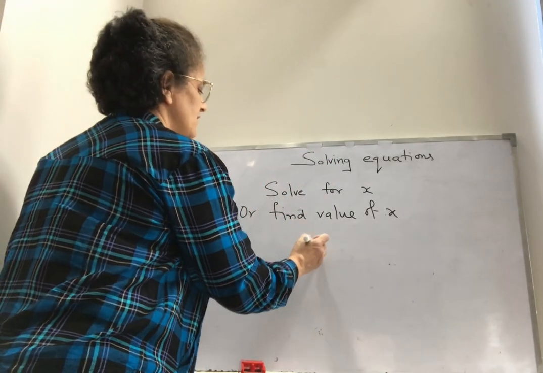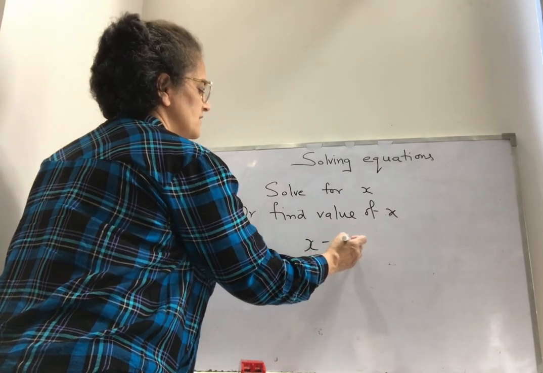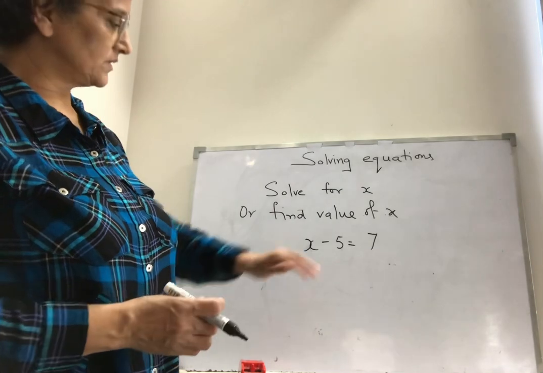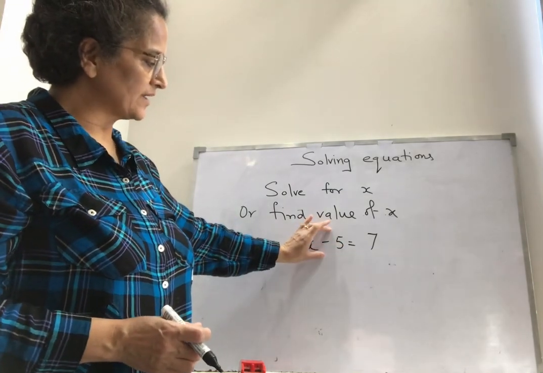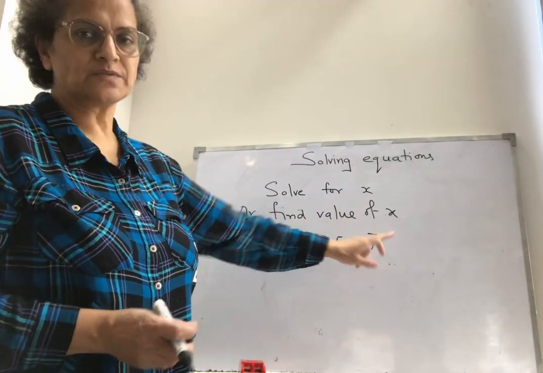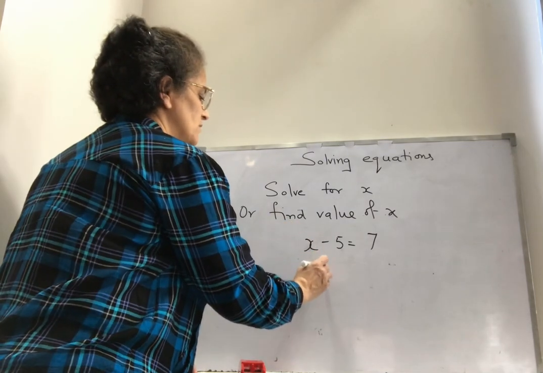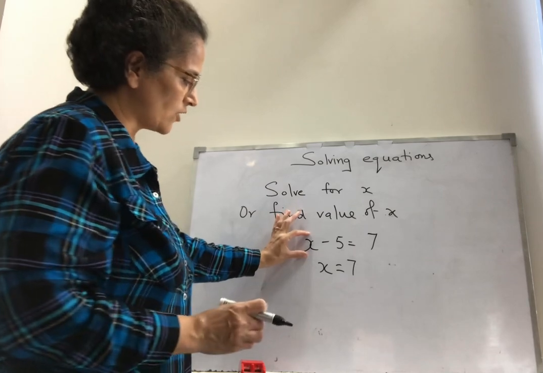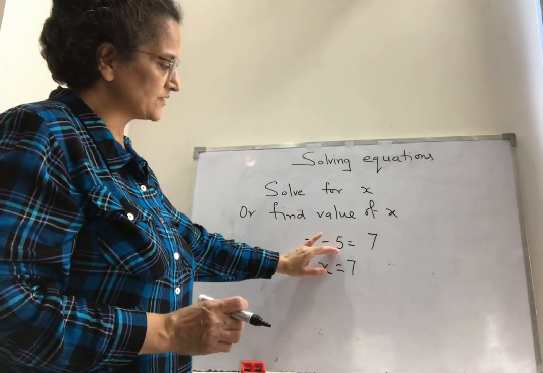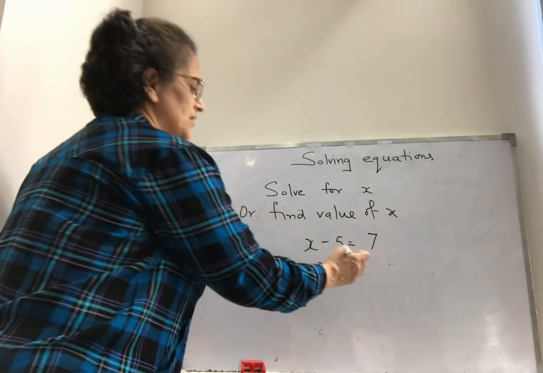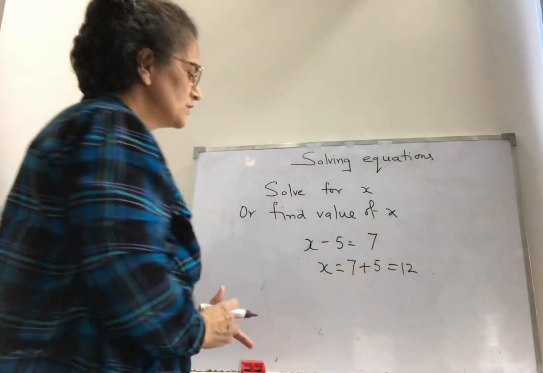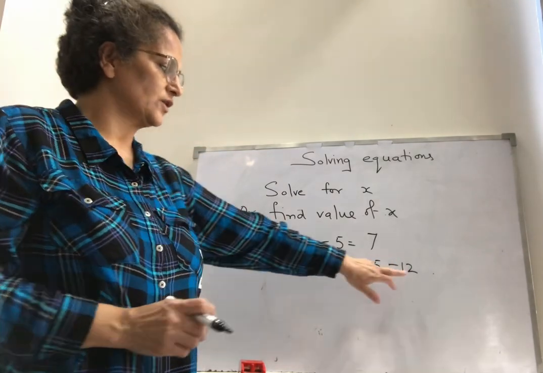So if I have x minus 5 is equal to 7. Now this is left hand side, minus 5 goes there, becomes plus 5. So x will be 7. This I have copied as it is. Minus 5 goes on the right hand side, becomes plus 5. So this becomes 12. So value of x will be 12.